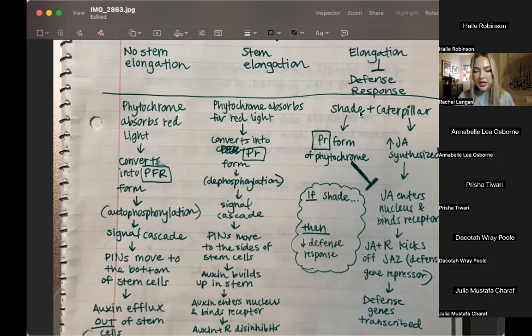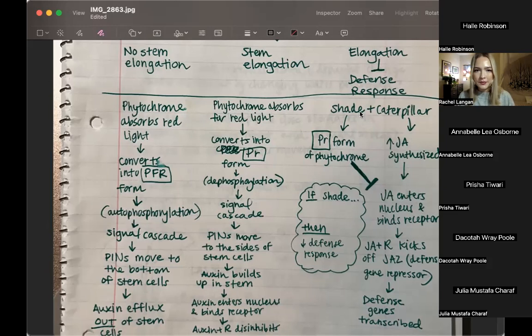When it's really shady and the plant needs to elongate, but it's also facing maybe an attack from a caterpillar, it has to decide: do I want to send energy into making defense genes, or do I want to concentrate my energy on elongating and trying to reach more sun? And what we see happen is the plant most of the time decides it's more important for me to elongate than it is for me to defend myself.